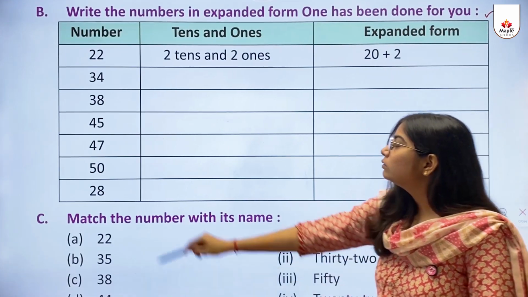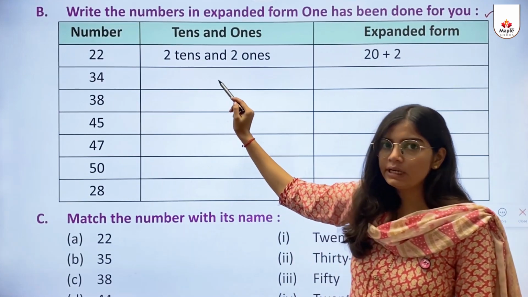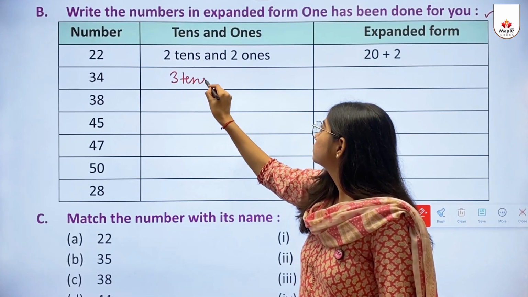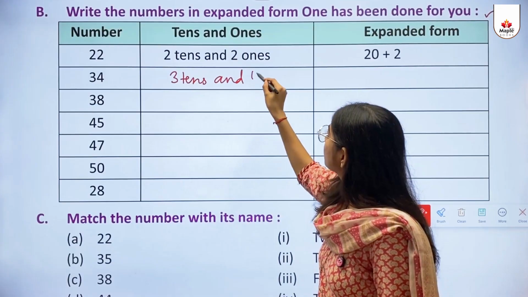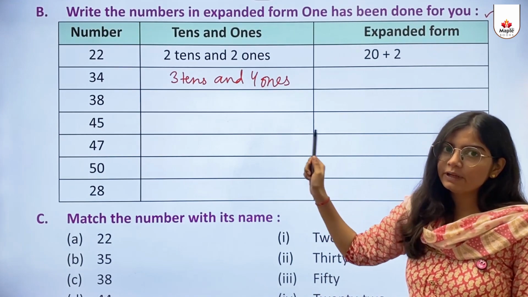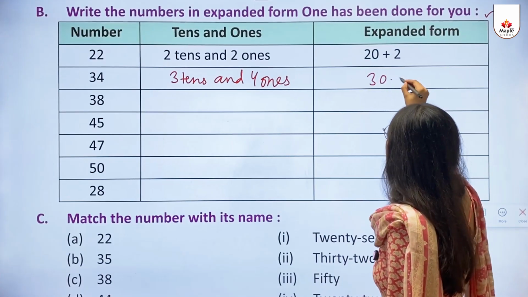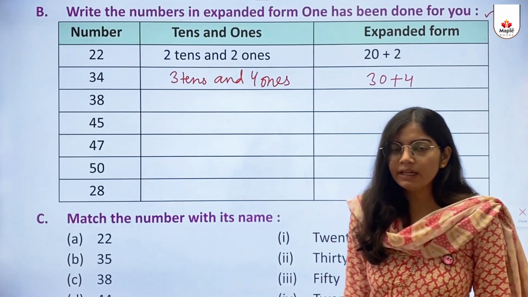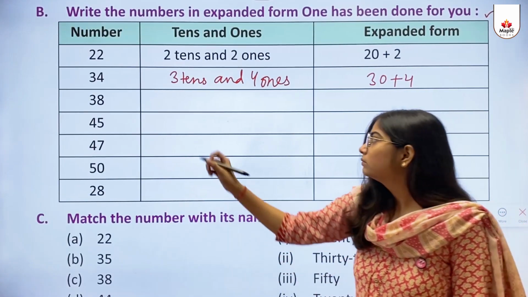Okay. Now 34 means 3 tens and 4 ones. And the expanded form is 30 plus 4. Then 38 means 3 tens and 8 ones.